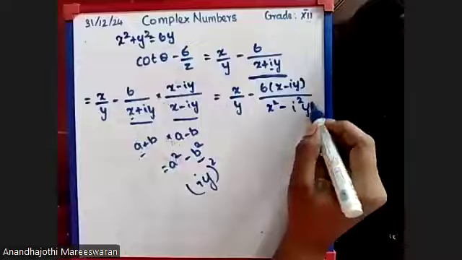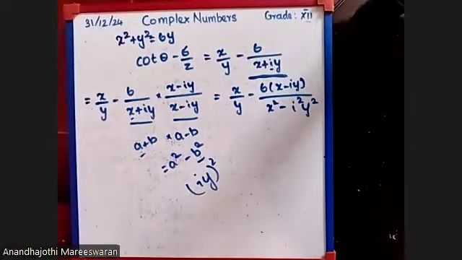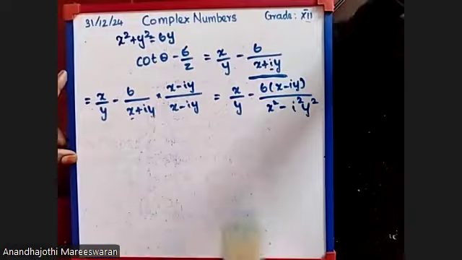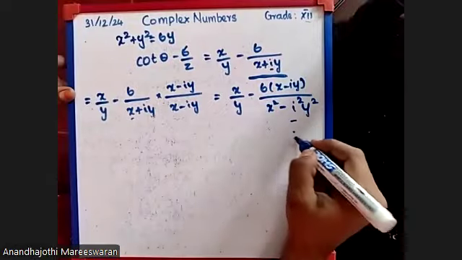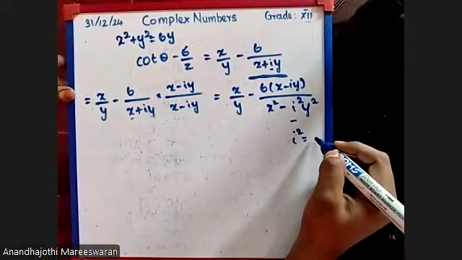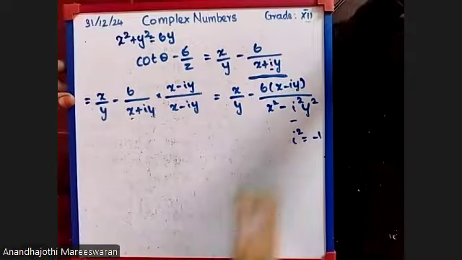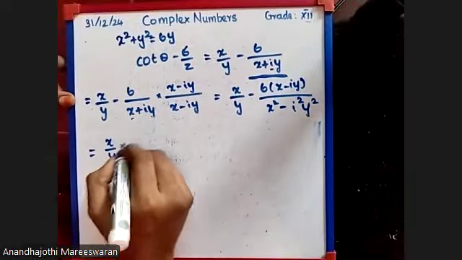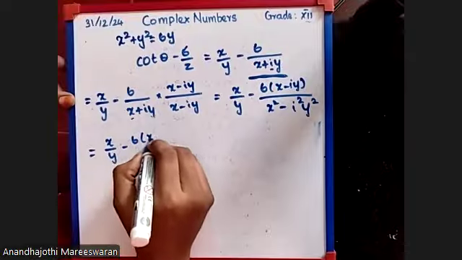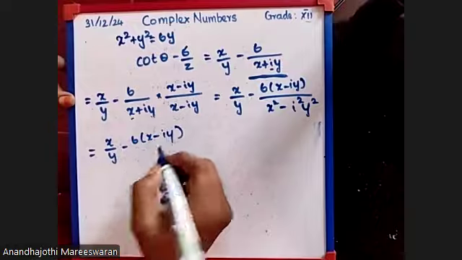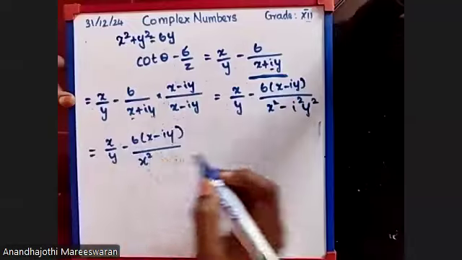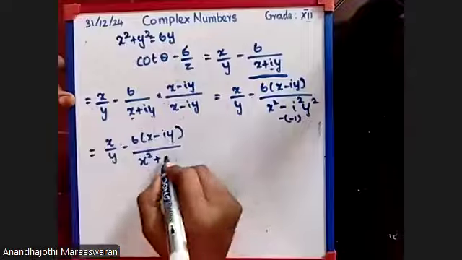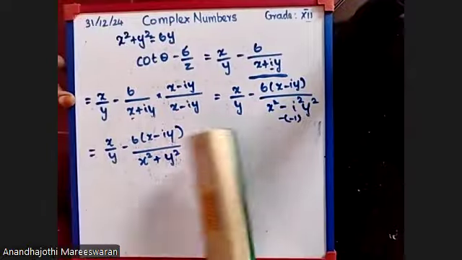So i squared y squared. What is the value of i squared? It equals minus 1. So x by y minus 6 multiplied by x minus iy divided by x squared minus of minus 1 will be plus y squared, right?